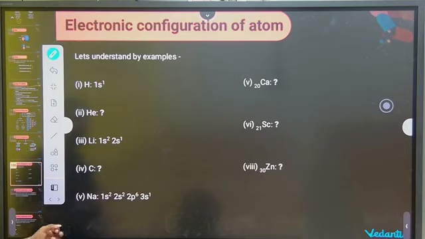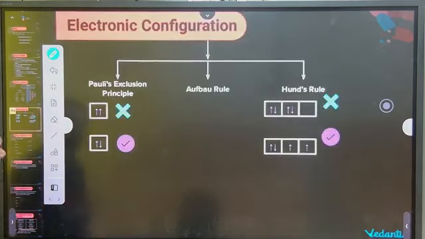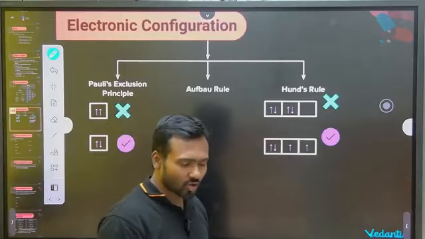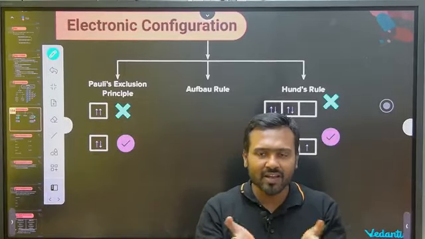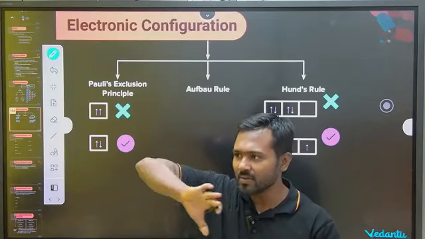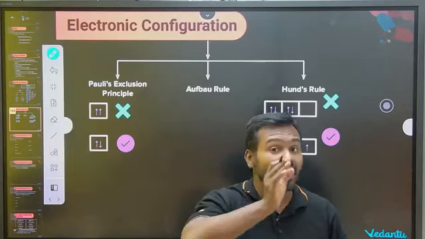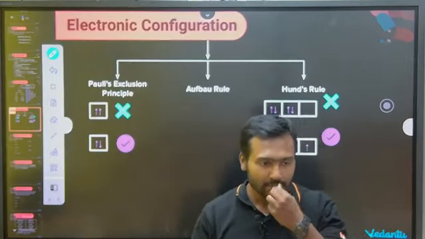Right, these are examples. And Hund's rule: what Hund's rule says is that you have to fill electrons in degenerate orbitals one by one. A single electron should be filled in all degenerate orbitals with the same spin. Actually, the students here have some confusion.